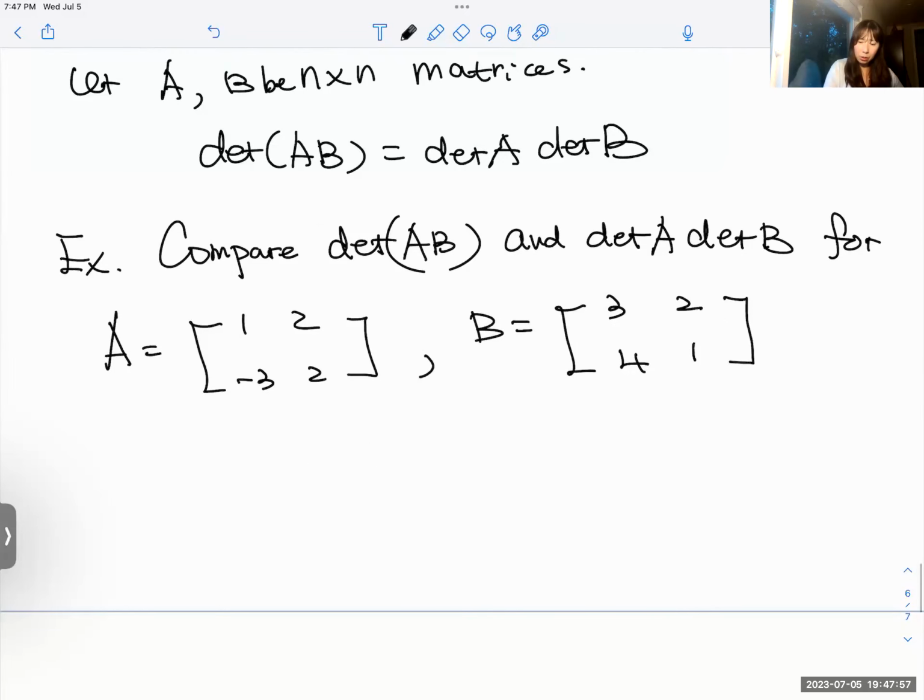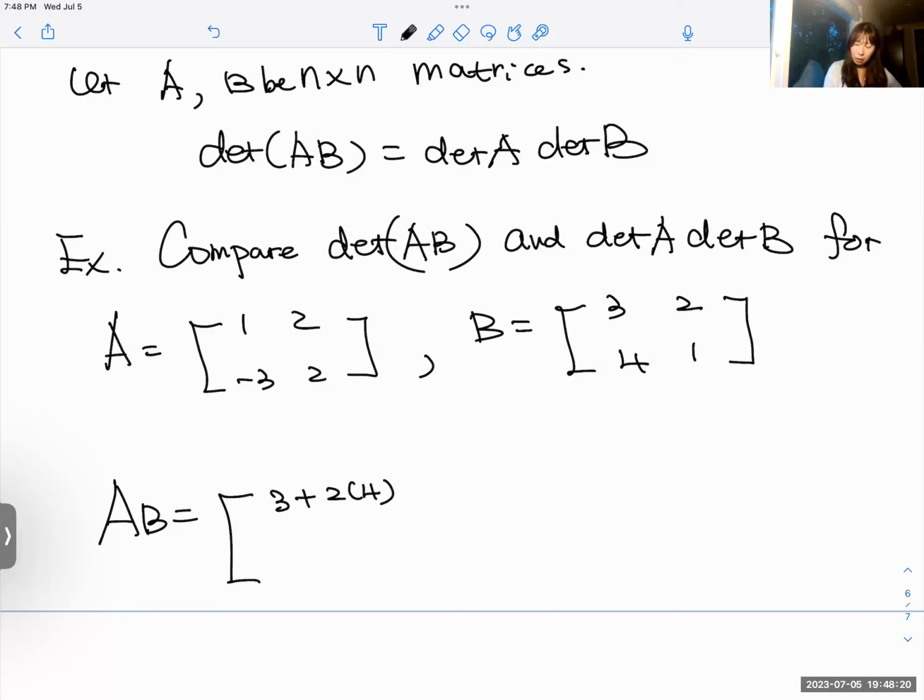We are going to multiply first, and then find the determinant, so AB. We multiply this way: 1 times 3 plus 2 times 4.